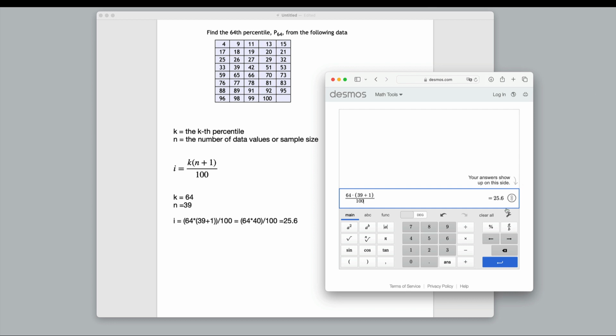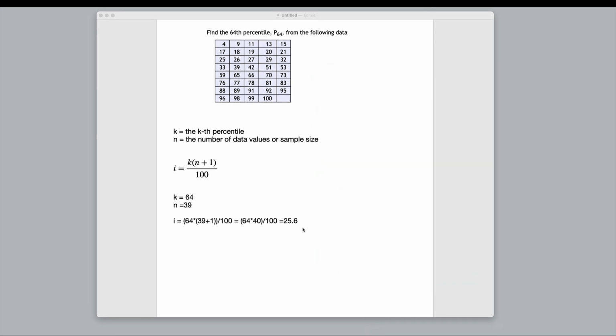And we can see that we get 25.6. So what does that mean? That tells us that our percentile is in the 25.6th position.